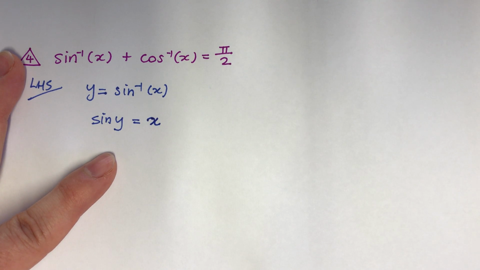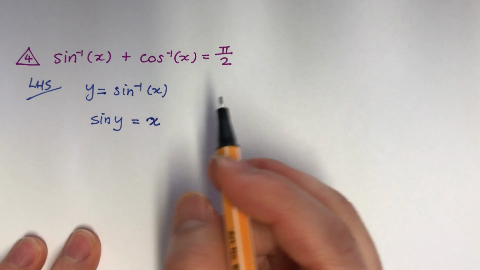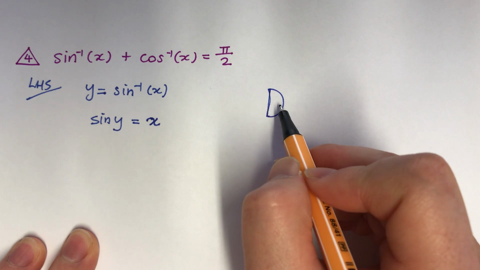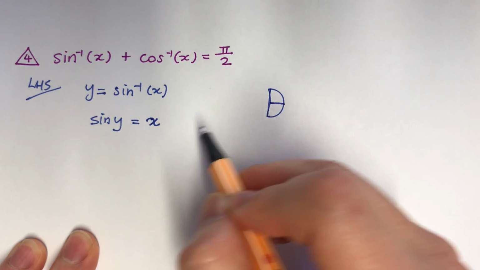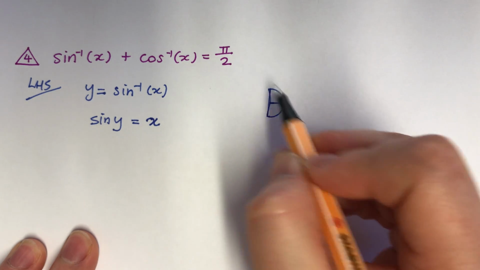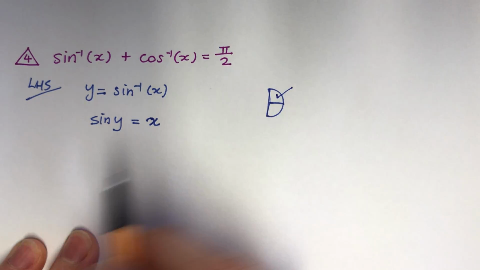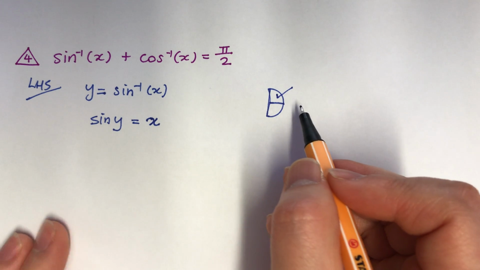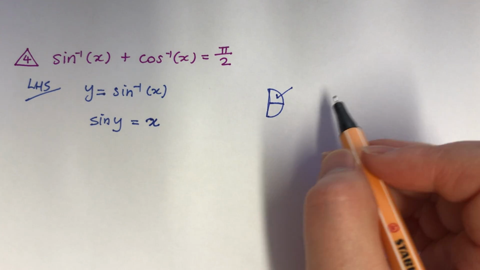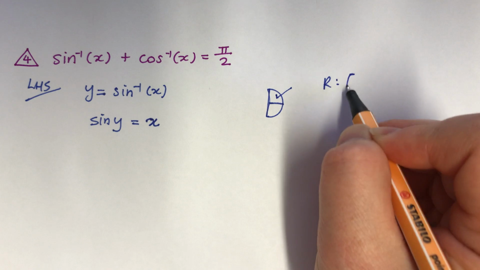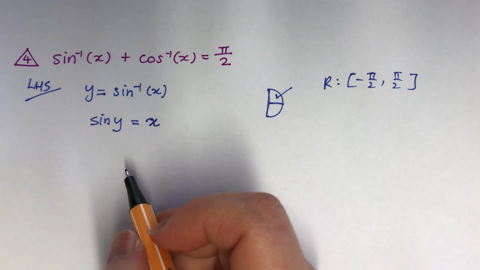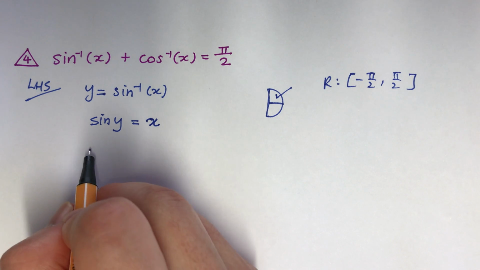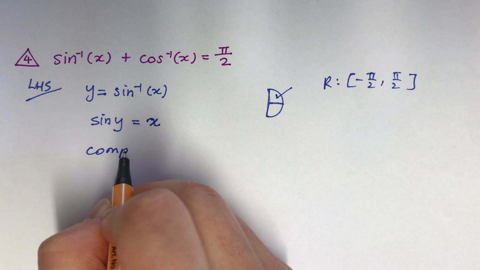And then I'm going to use the complementary angles. So sine y equals x, which one will give us positive? So first quadrant. So it's in the first quadrant, okay, and because of the range, I'm going to use complementary angle.